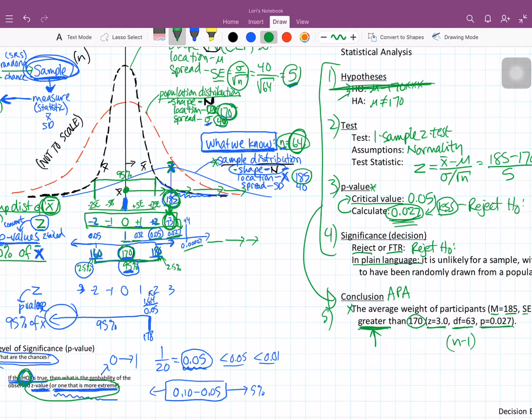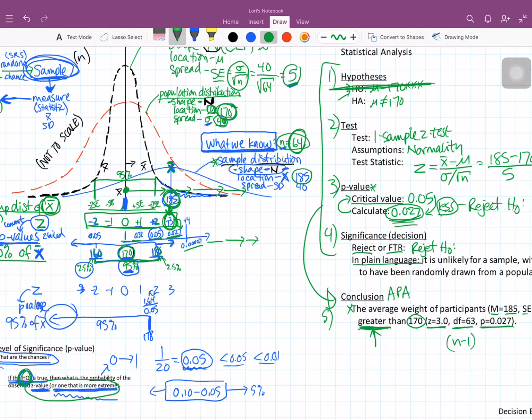So what are the chances that, if this null hypothesis of 170 is true, we drew a sample that has a mean of 173? And if you just intuitively look at the location of this sampling distribution of the x bars, the sample means, you can see that this falls very nicely in the bulk of where a lot of these x bars will be, whereas the other one was way out here in the tail.